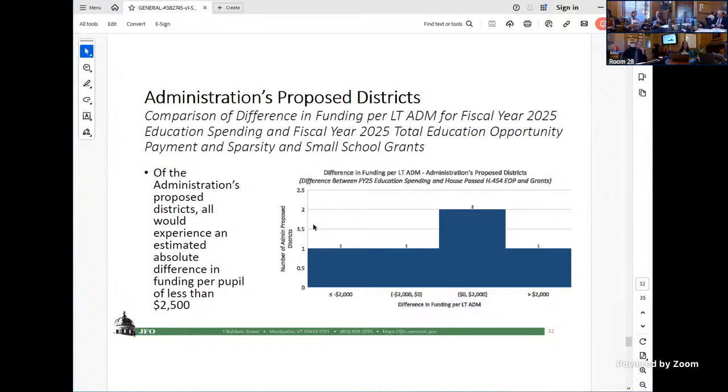Right. So what we do see in this analysis is that with larger district configurations, these districts would be consolidated, so we're not seeing as significant swings. However, the districts and their boundaries would significantly impact the impacts across the state.